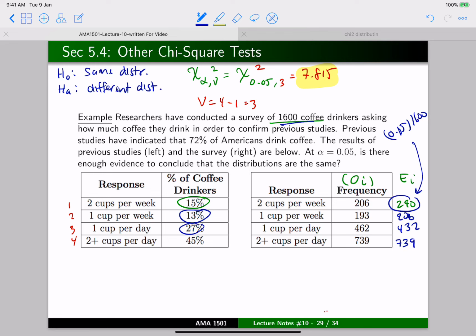Okay. So we can calculate the chi-square test statistic here. So remember, it's the sum over the observed values minus expected value squared over expected.